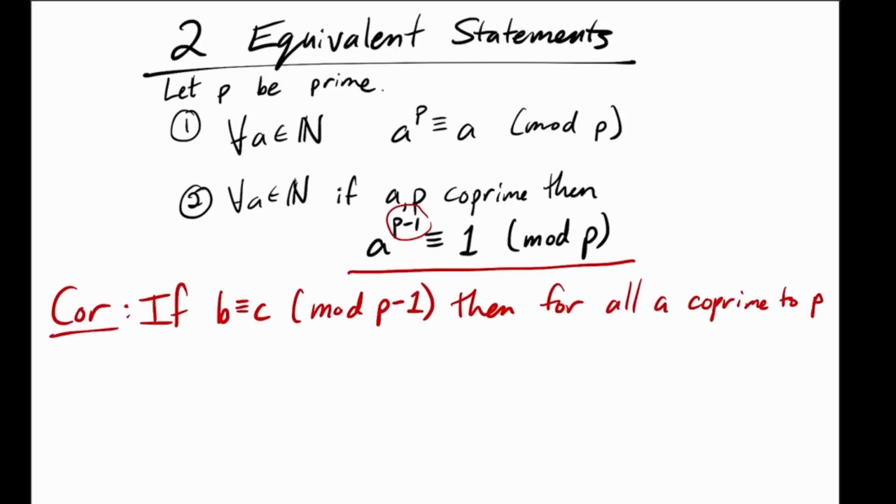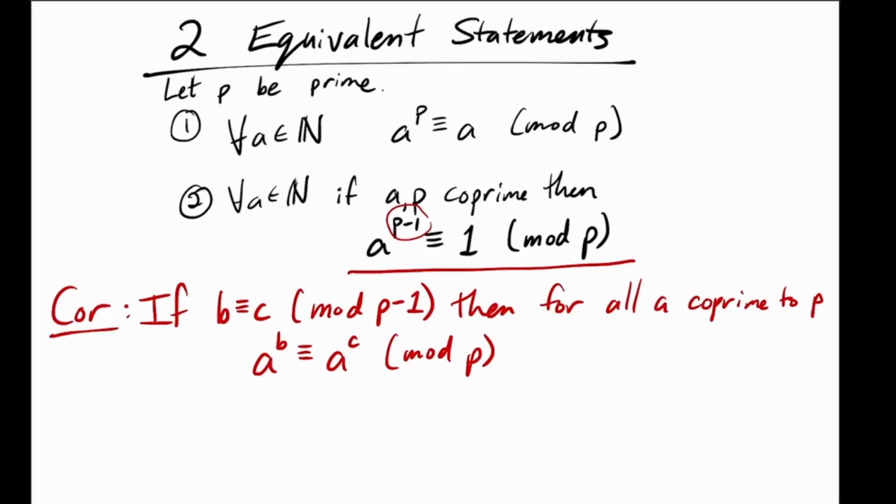We can say that a to the b is going to be congruent to a to the c mod p. Right? So if we were doing mod p arithmetic, we can reduce exponents mod p minus 1. Again, this is assuming p is prime.